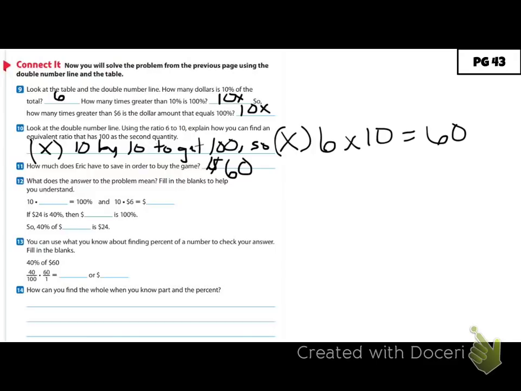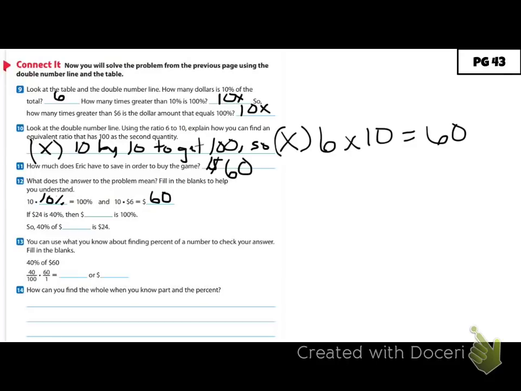Number 12, what does the answer to the problem mean? Fill in the blanks to help you understand. Well, it means that 10 times 10% is 100. And 10 times $6 is $60.